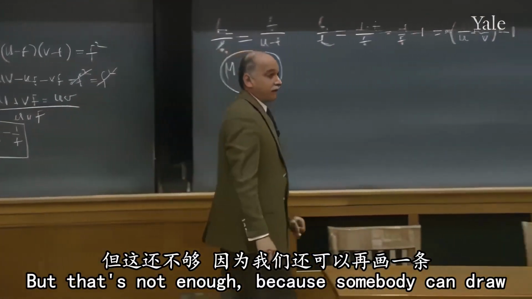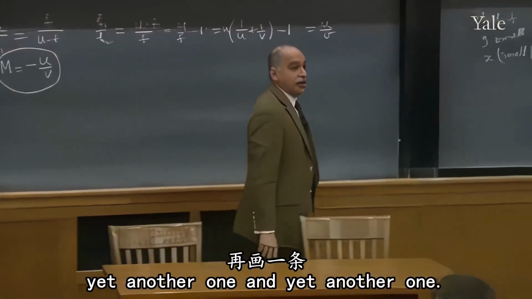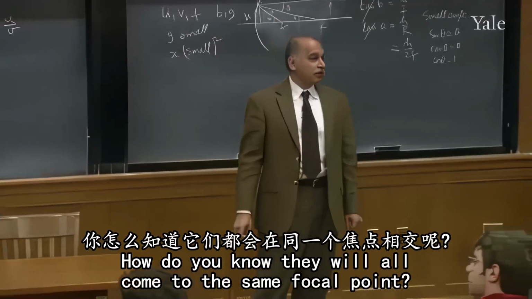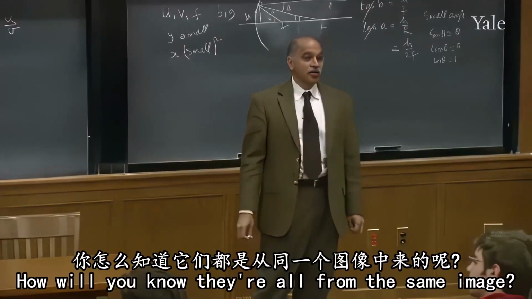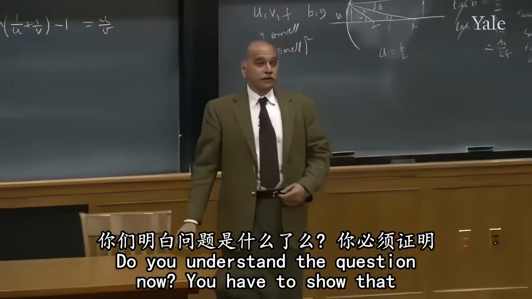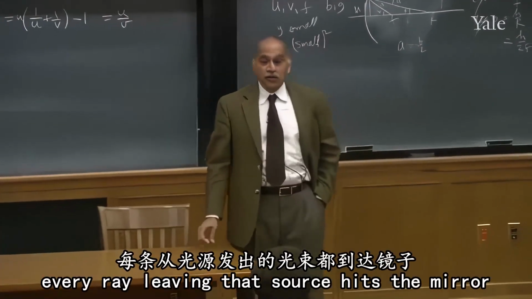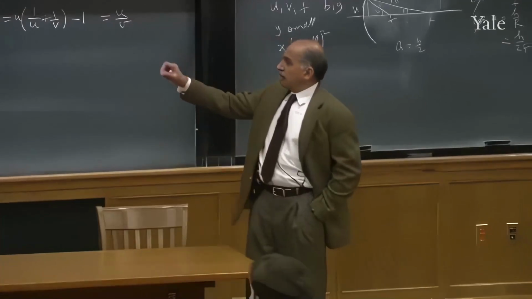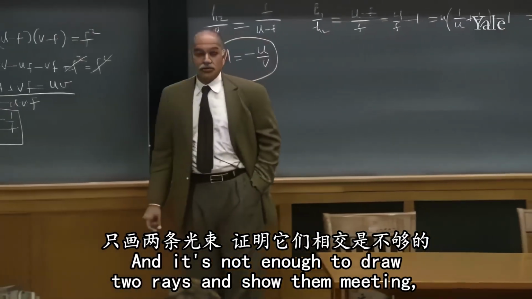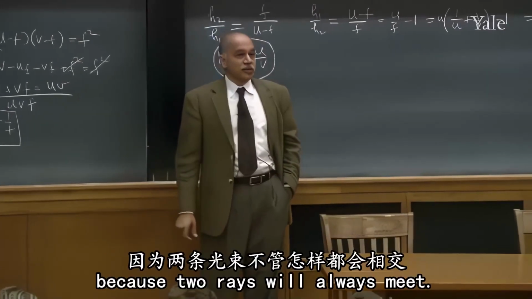But that's not enough, because somebody can draw yet another one and yet another one. How do you know they will all come to the same focal point? How will you know they will all form the same image? Do you understand the question now? You have to show that every ray leaving that source hits the mirror and comes back to the very same image point. And it's not enough to draw two rays and show them meeting, because two rays will always meet.